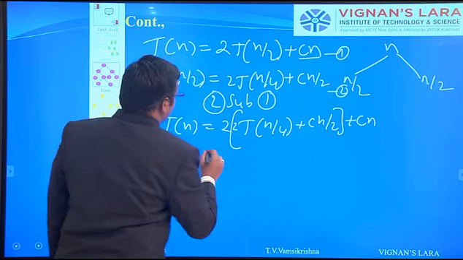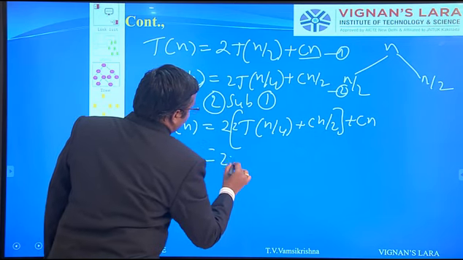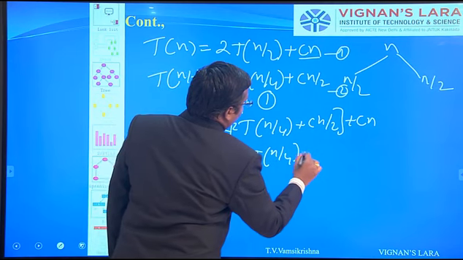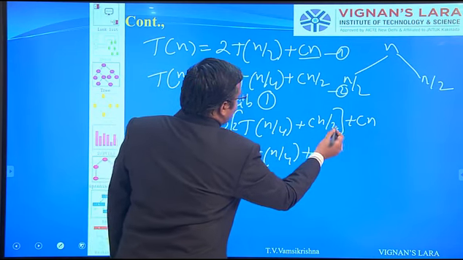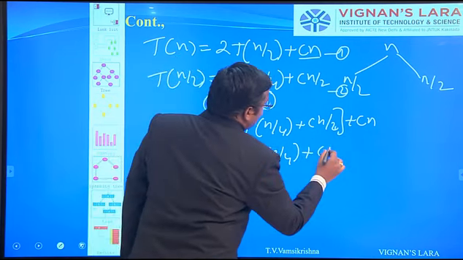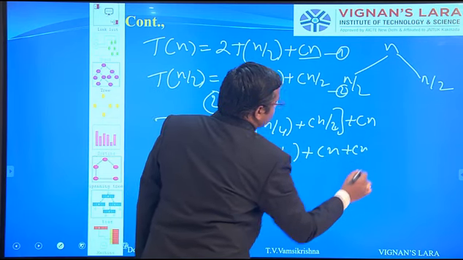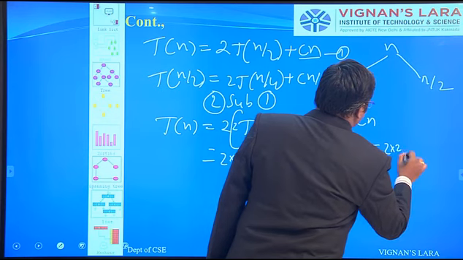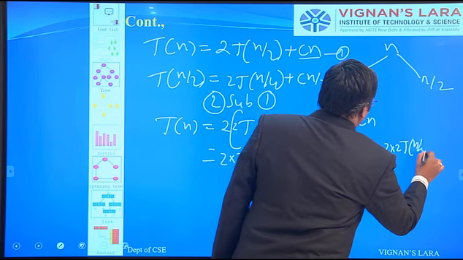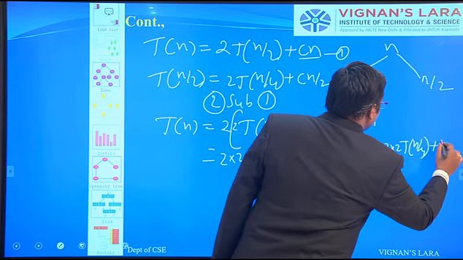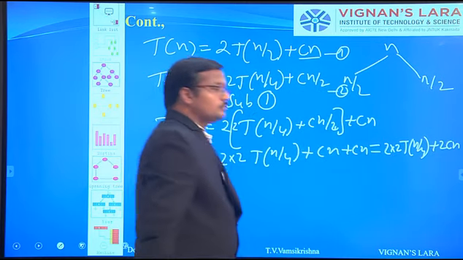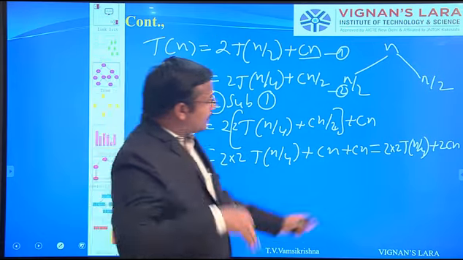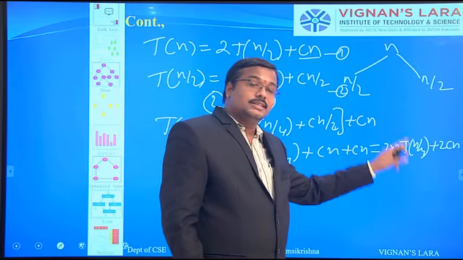When we simplify this equation, the 2 is cancelled, so Cn plus Cn gives 2 into T of n by 4 plus 2Cn.